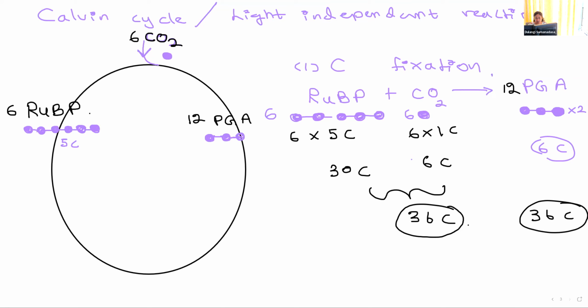So carbon fixation is the first step of the Calvin cycle. So I have the 3 carbon PGA, but I have 12 molecules, and we're going to break it down, or we're going to just convert it into another molecule.